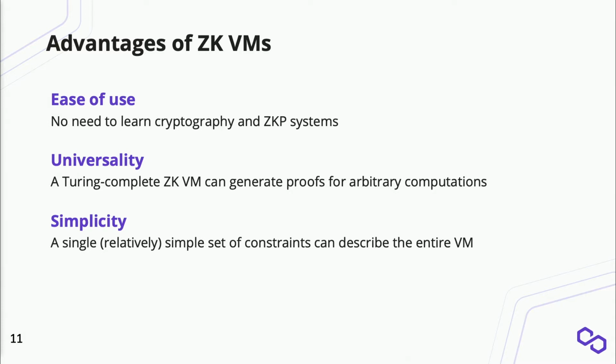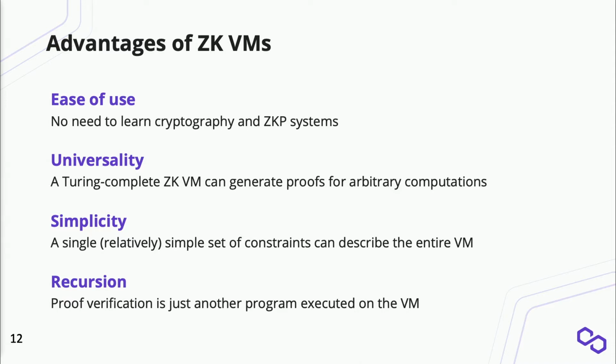The next one is, for lack of a better word, simplicity. There's a single, relatively simple set of constraints that describes the circuit of the VM. And that circuit doesn't change regardless of which program you execute on it. So, piggybacking on the previous talk, there is only one circuit that you need to verify and make sure is correct. Everything else is just a program that gets executed by that circuit. That simplifies a lot of things.